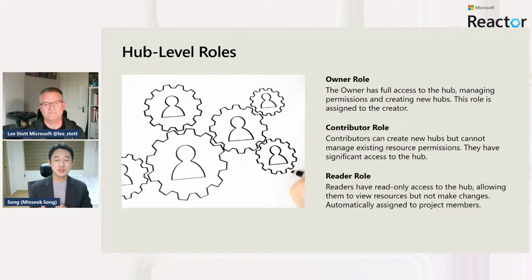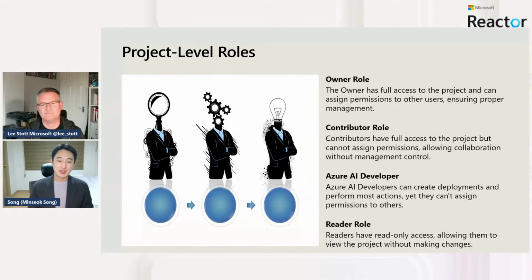Now let's zoom into the project level, which is where most of the actual development happens. Projects are where we create and deploy models, manage prompt flows, and configure things specific to one AI solution. There are four roles here. The owner has full control over the project, just like at the hub level, including the ability to manage permissions.